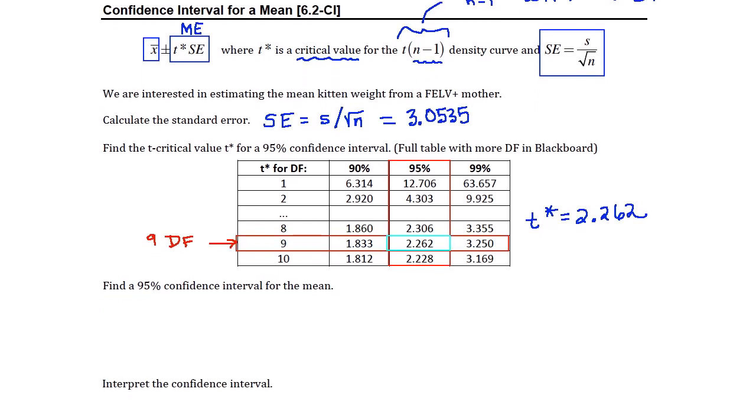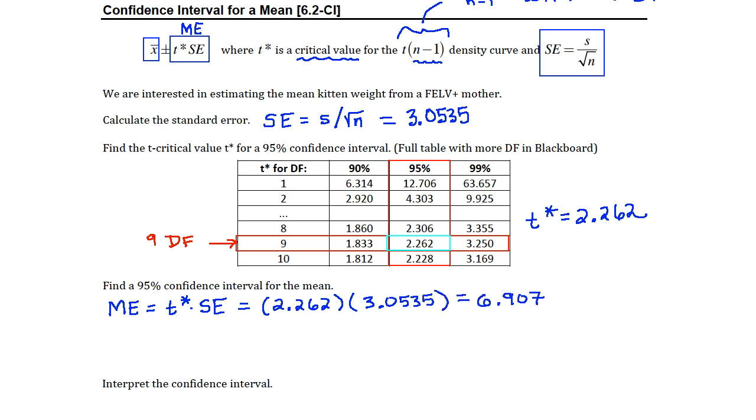Now for my confidence interval for the mean, I need a margin of error, and my margin of error is t-star times the standard error. So that's going to be 2.262 times 3.0535. And that comes out to be 6.907.